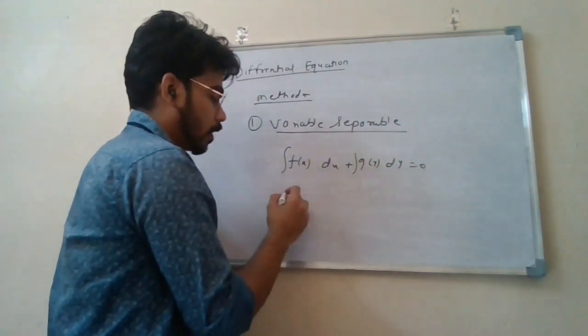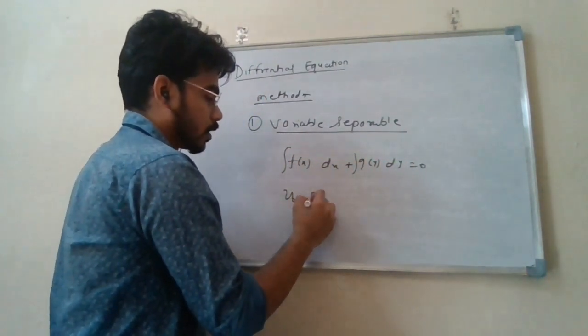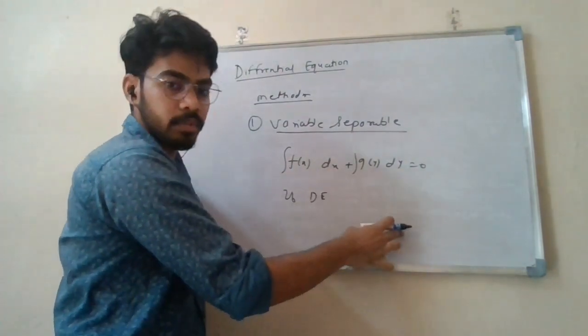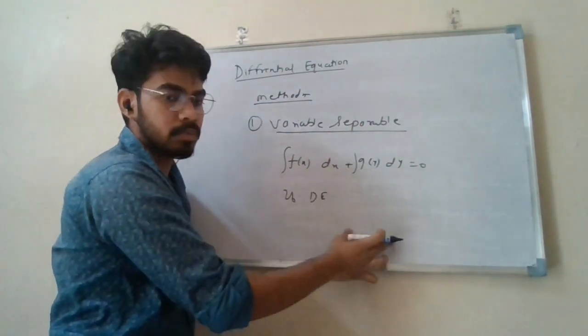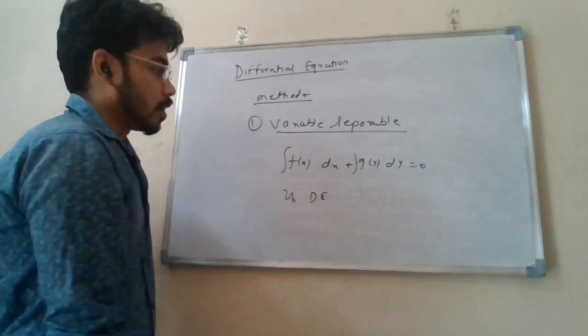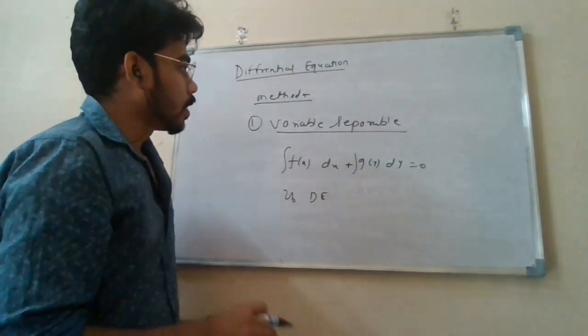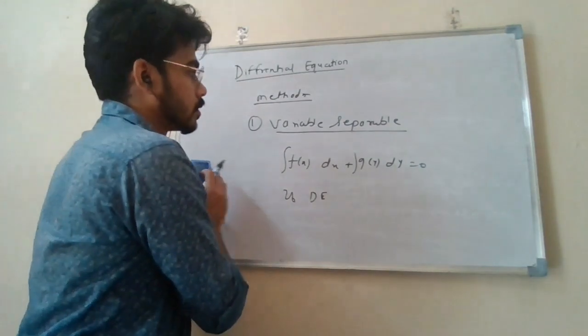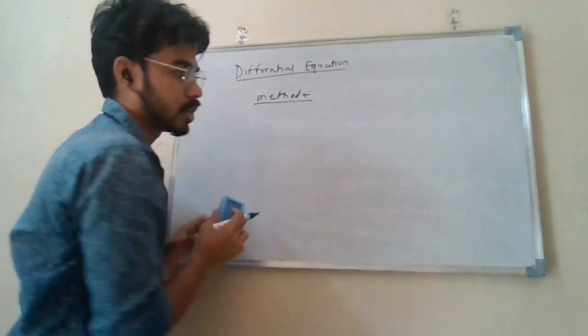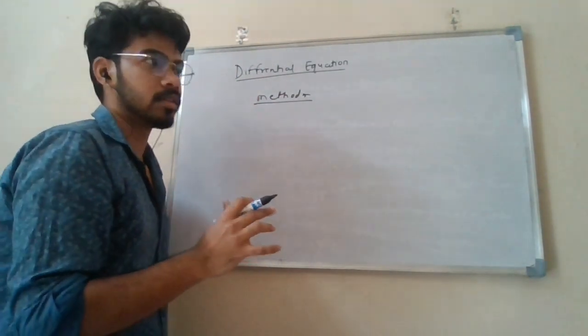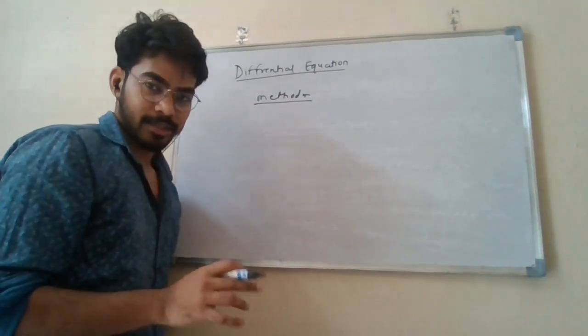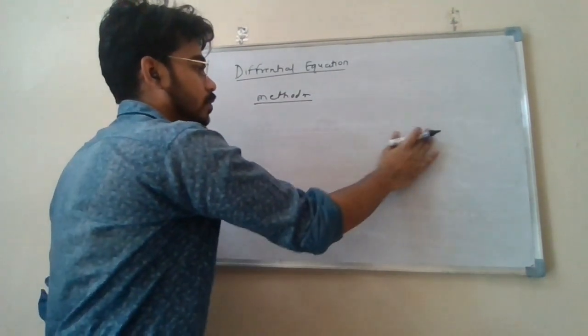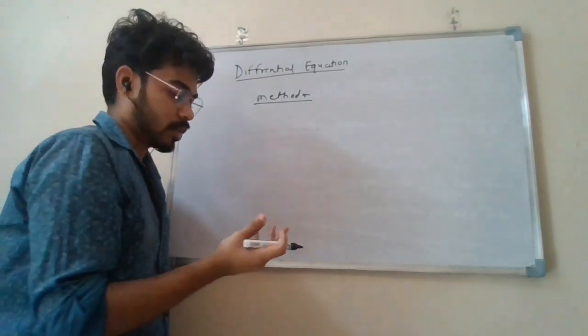So if the variables in a differential equation get separated, then we use the variable separation method to solve it. I won't write any examples here, since this is a very quick revision type lecture.